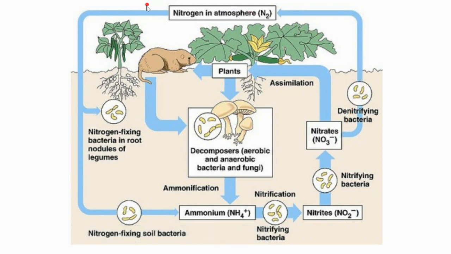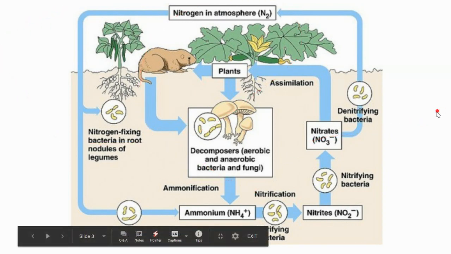And that just keeps going and going because, like we said, elements can neither be created nor destroyed. So all of the nitrogen that exists cannot be created or destroyed. It goes through this cycle over and over again, just changing forms.